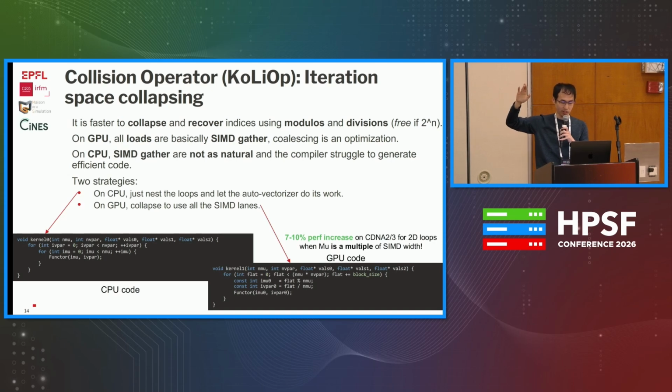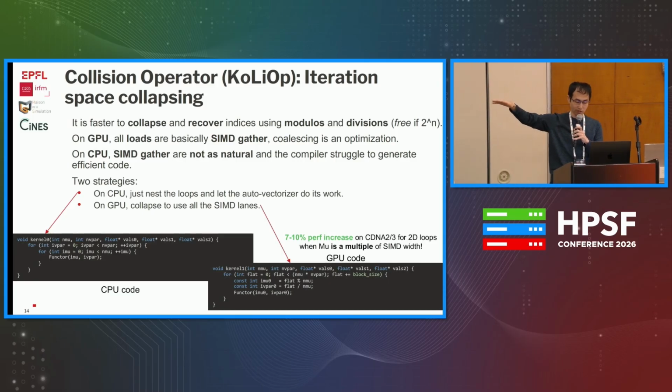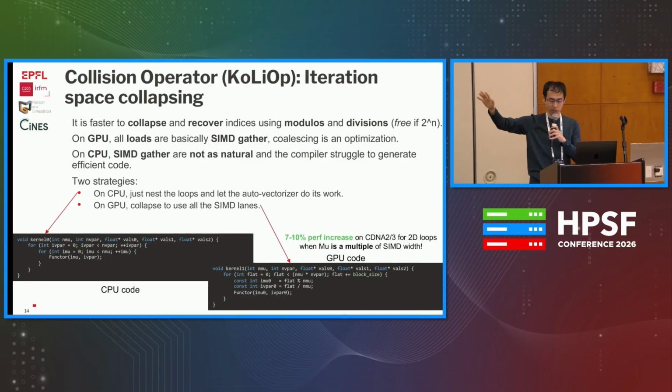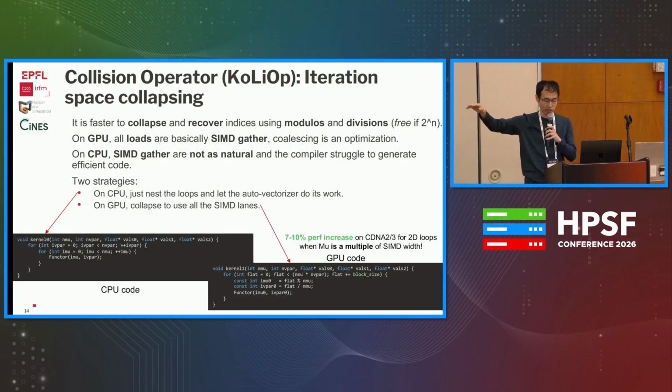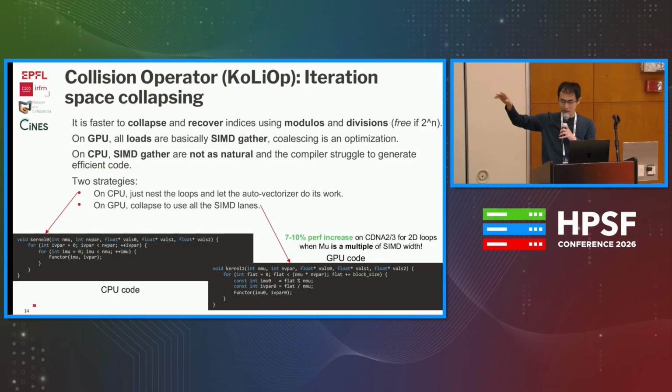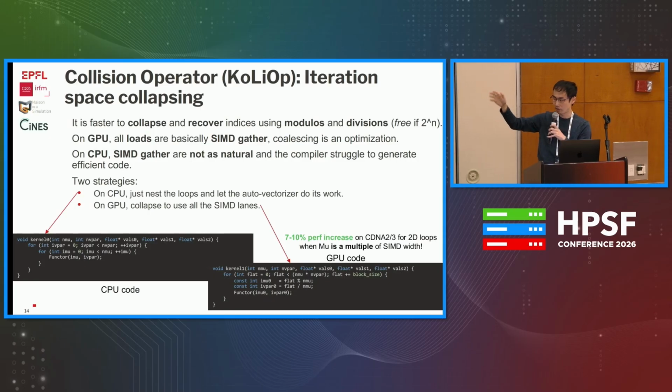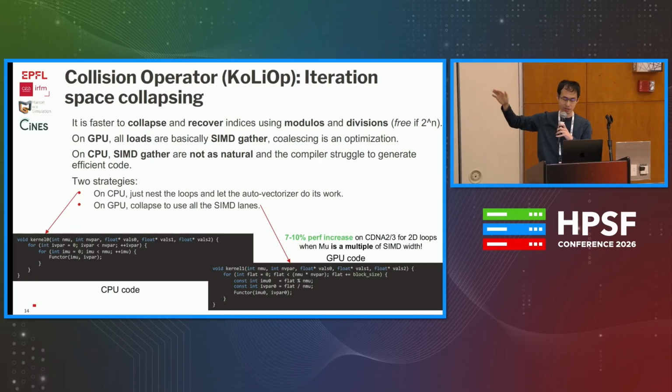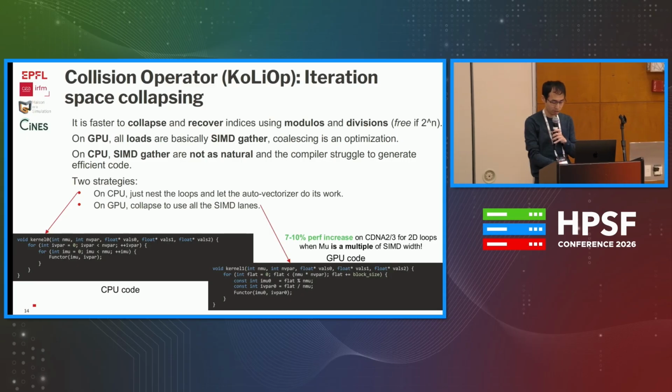However, this doesn't work particularly well for GPUs, so we need to manually flatten the loop, which gives us a 10% performance increase. We are considering this kind of implementation inside Kokkos, the MDRange policy, for flattening capability, but it's not there, so we need to do that.